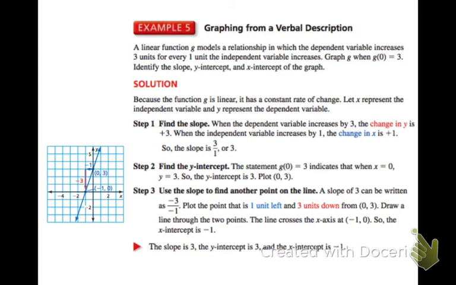Otherwise, you could go up 3 and to the right 1. Either one will work, okay? So then you identify your slope is 3, your y-intercept is 3, and your x-intercept is negative 1. When you draw the line through the points, it will cross the x-axis, and if you're using a ruler, you should be able to see what the x-intercept is.